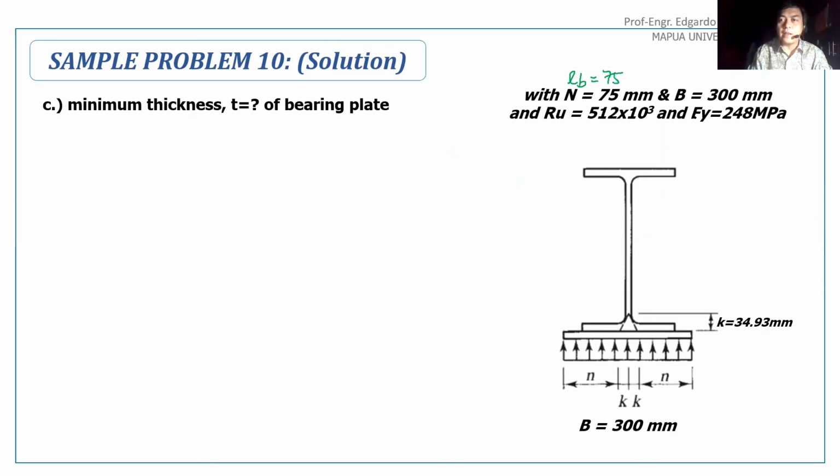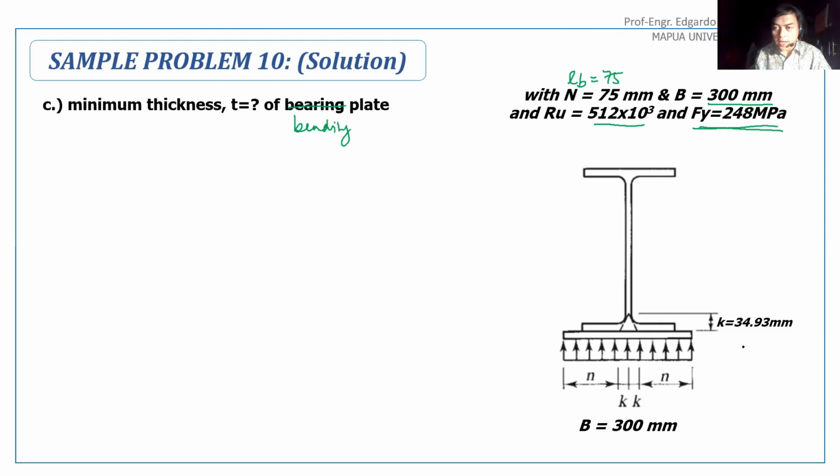Tapos yung width, 300. Okay? Tapos yung RU, 512,000 newtons. Tapos this time, since ang i-investigate natin dito is yung bending, so this should be bending of the plate. So plate property ang kailangan natin. Kaya yung Fy na gagamitin natin this time is the Fy of the base plate, which is 248.